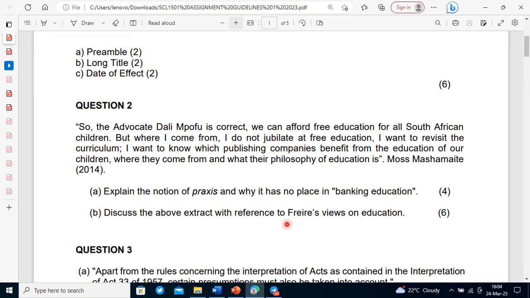So when you are done, at the end of answer B, you're going to go to page 12. At the end, you're going to find the reference, footnote number 8. Then you take it and reference that question 2 of yours.